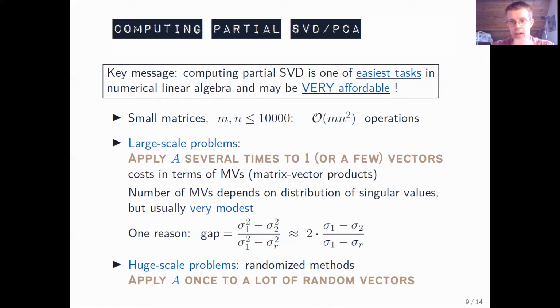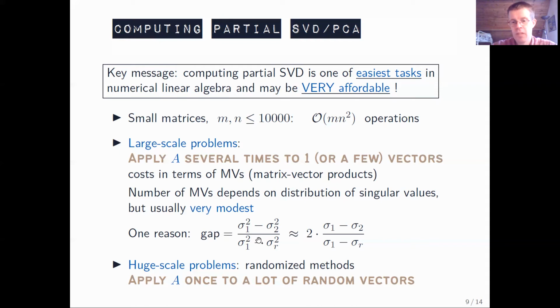Okay, there is no real nice order expression in terms of cost. The costs are usually measured in terms of matrix-vector products, and we can only say that it's usually modest, and there are definitely some nice bounds, but they are quite involved, quite complicated, and for practical problems, this is more of a theoretical nature than anything else, I would say.